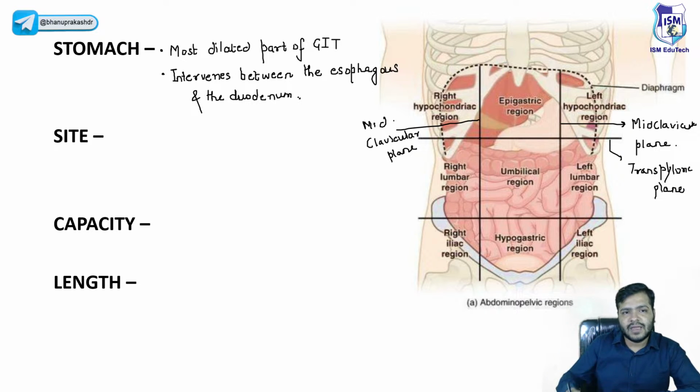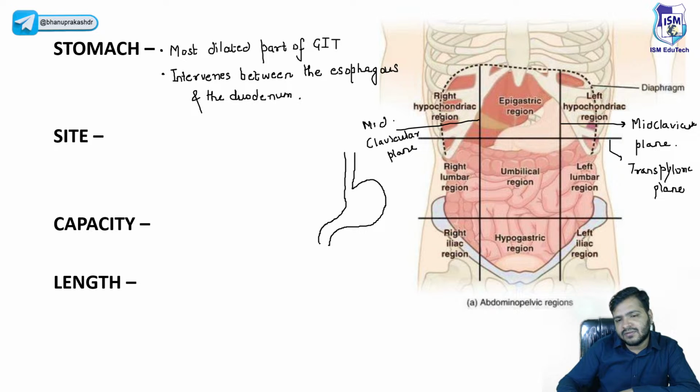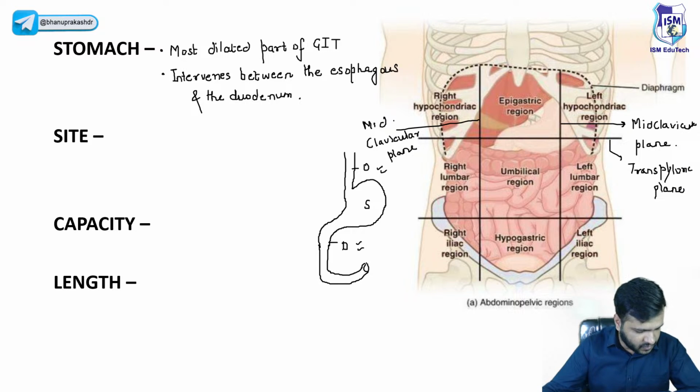You very well know we have the esophagus, and the esophagus continues as the stomach, and below the stomach we have the duodenum. So the stomach is between the esophagus and the duodenum. This is the basic thing that you already know, guys.